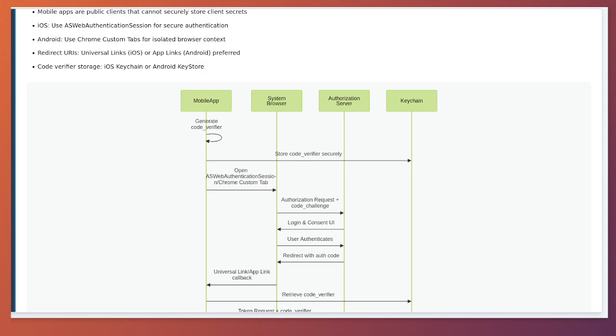Storage of the code verifier during the authentication flow is crucial. The verifier needs to be kept secure from the moment it is generated until it is used in the token exchange. On iOS, the most secure option is to store it in the keychain with appropriate protection attributes. The keychain can be configured to require device unlock for access and can use the Secure Enclave on devices that support it.